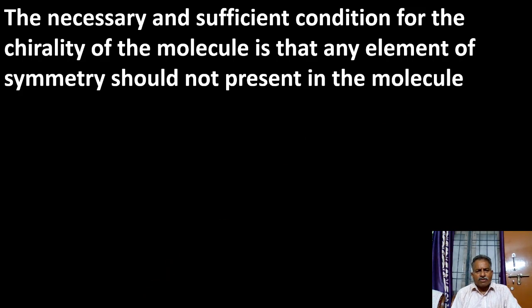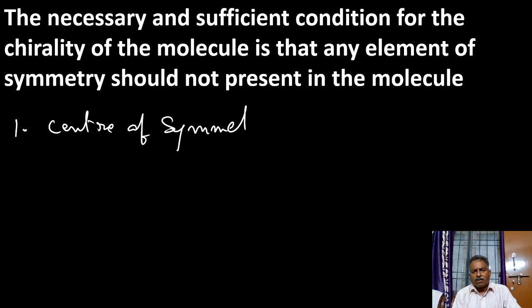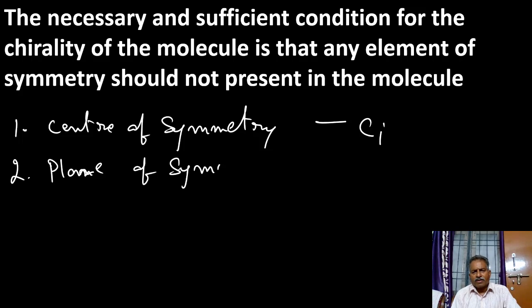What are the elements of symmetry? There are 4 elements of symmetry. One is the center of symmetry, or inversion center, denoted by Ci. Then the second one is the plane of symmetry, also referred to as the sigma plane.